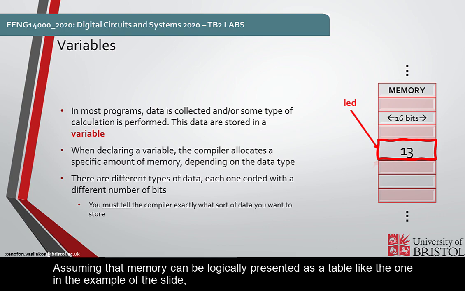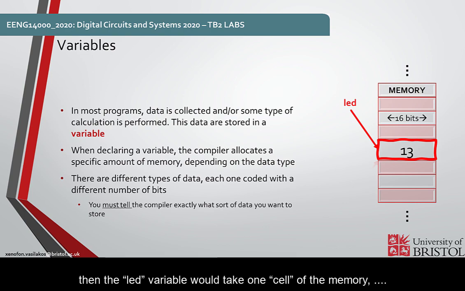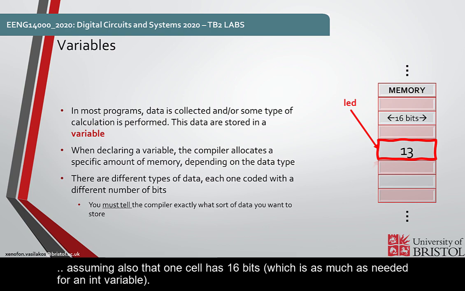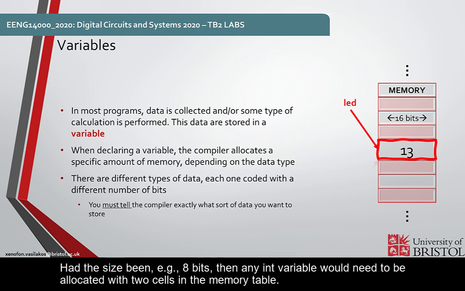Assuming that memory can be logically presented as a table, like the one in the example on the slide, then the LED variable would take one cell of the memory, assuming that one cell has 16 bits, which is as much as needed for an int variable. Had the size been, for example, 8 bits, then any int variable would need to be allocated with 2 cells in the memory table.